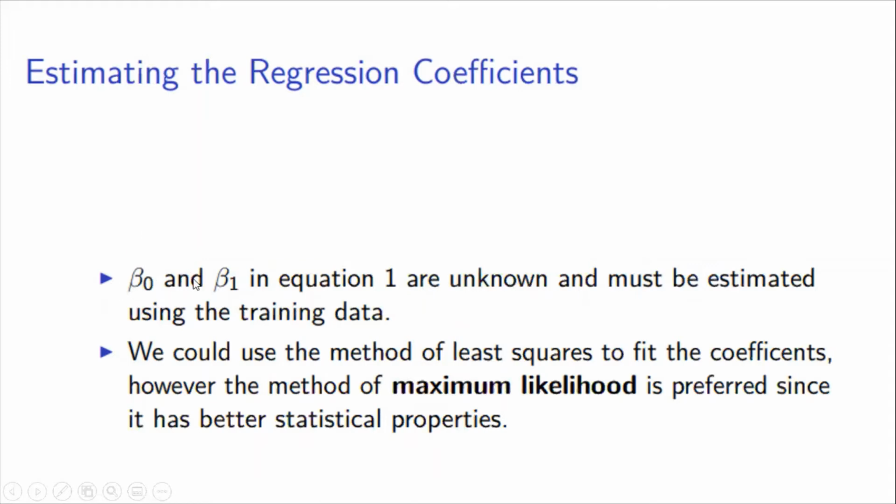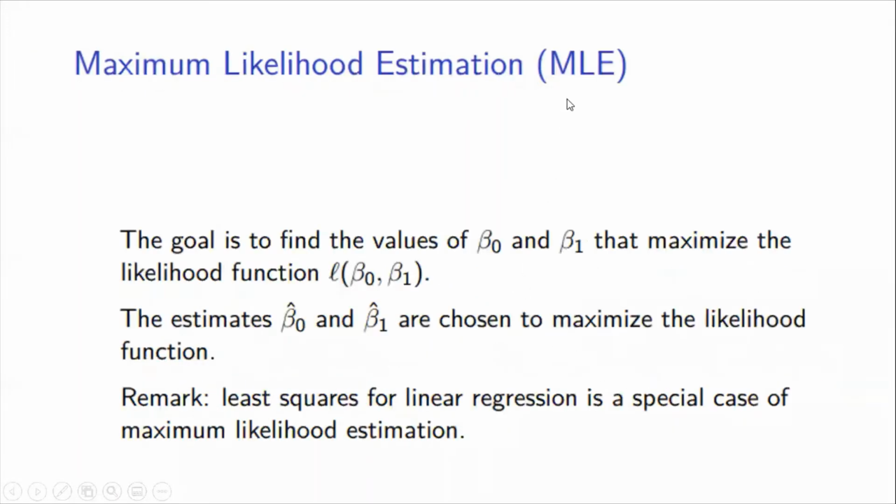So after all, beta 0 and beta 1 are unknown, so we have to use the sample to estimate them. And how do we estimate this intercept and slope? We use maximum likelihood. So what is maximum likelihood? It maximizes the likelihood function of getting the intercept and slope.